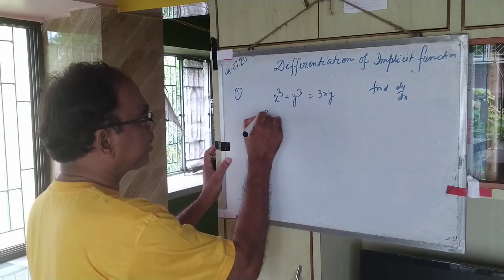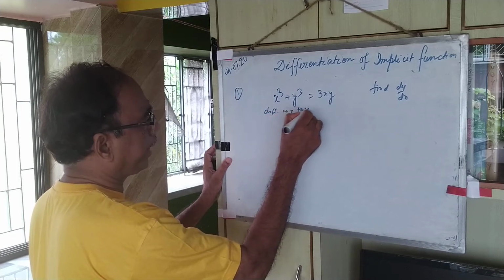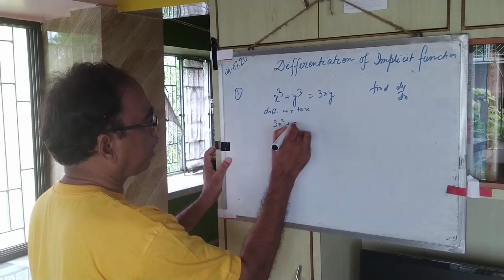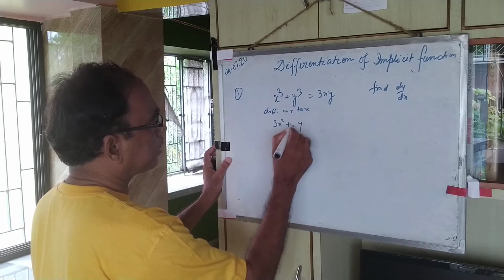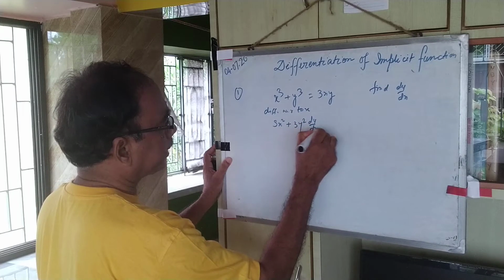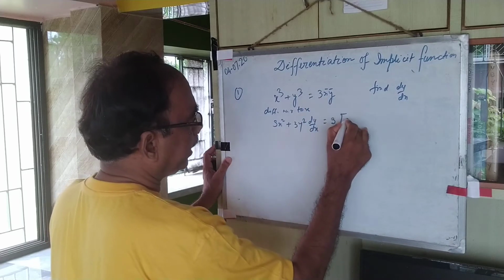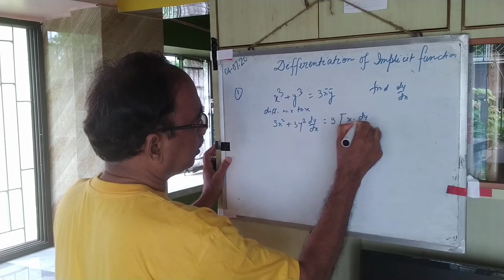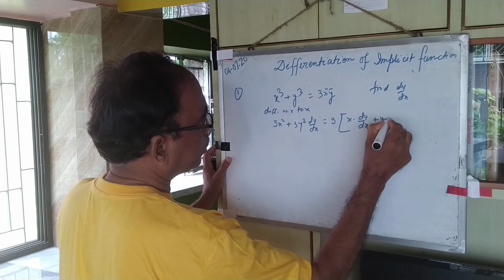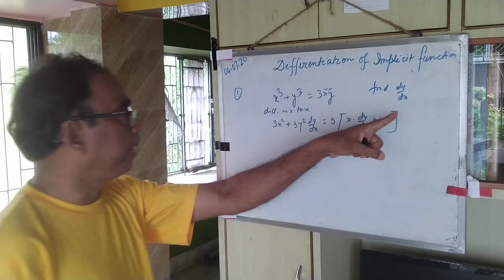So differentiating with respect to x, that is 3x square plus 3y square dy by dx equals 3 is constant, this is uv: x is constant times dy by dx plus y is constant, the derivative of x is 1. You have to find dy by dx.